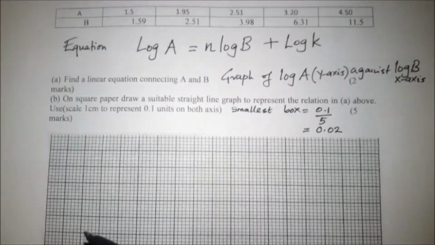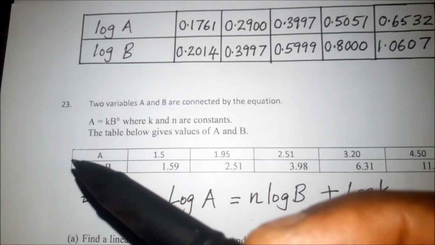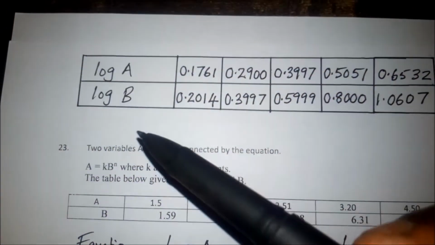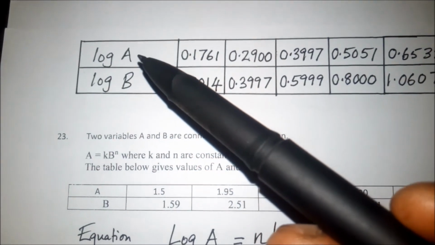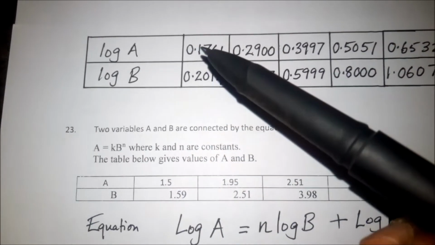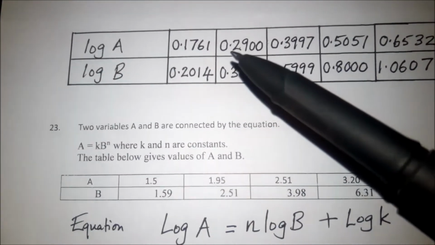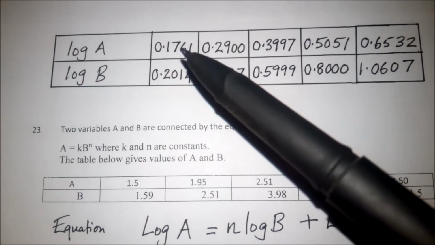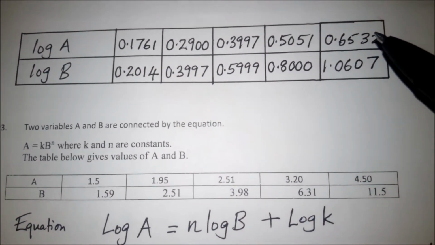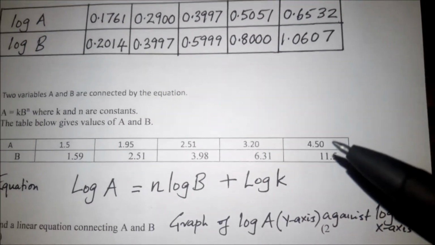What we are supposed to do is convert our table to a logarithmic table, and I have my logarithmic table here. You can take your logarithm table and confirm that the logarithm of 1.5 is 0.1761, and so on. The logarithm of 1.95 is 0.2900. So confirm these values. We have A here, and the logarithm of A across here up to the end, so 0.6532 is the logarithm of 4.5.